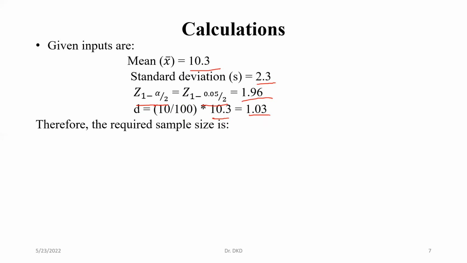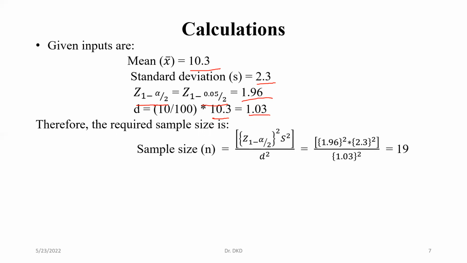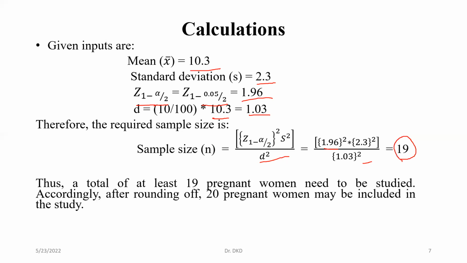We need to write down the sample size formula, as we are aware of this formula. So we just need to put the values in this formula: 1.96 whole square multiplied by 2.3 standard deviation whole square, divided by the allowable error 1.03 whole square. So we are getting a sample size of 19. What is the meaning of 19?